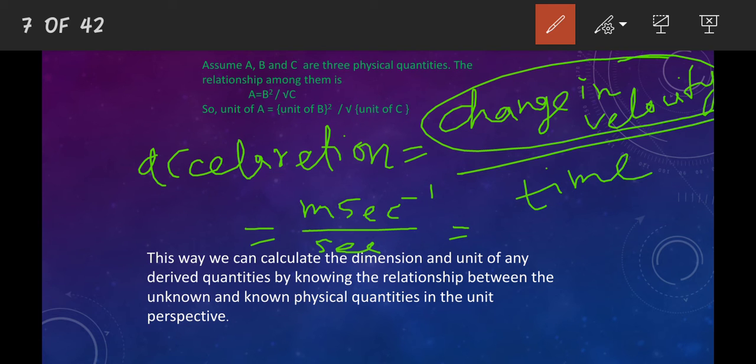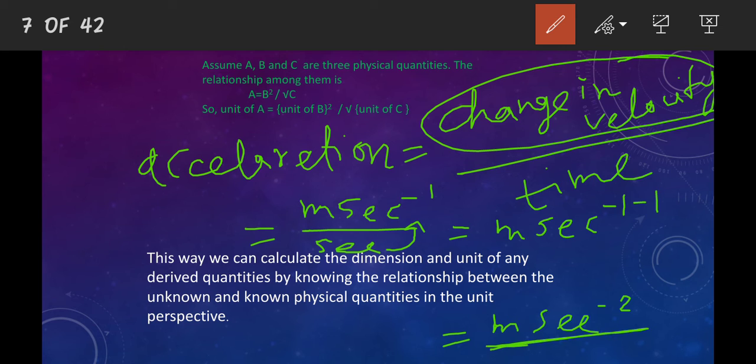So meter second to the power minus 1, and by second, so this second also comes up and increases the power in the negative sense. So meter into second to the power minus 1, and this one contributes also minus 1, so minus 1 plus minus 1 equals meter second to the power minus 2. So the unit of acceleration is meter second to the power minus 2. So this way we can calculate the unit of an unknown quantity in terms of known quantities.